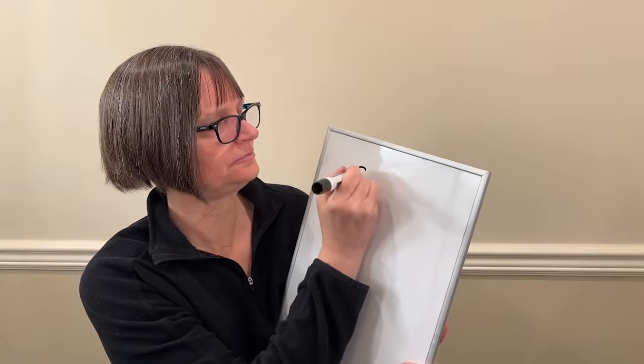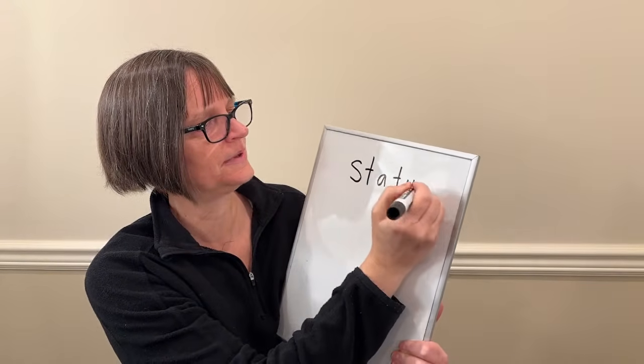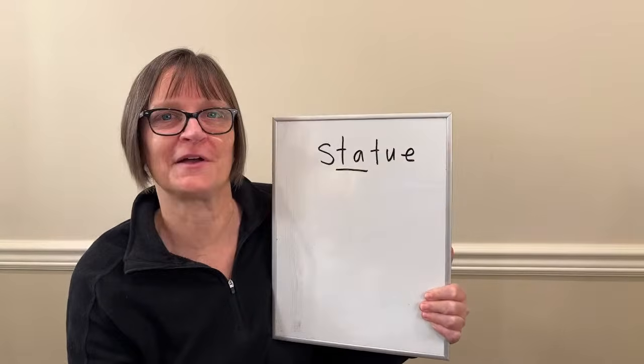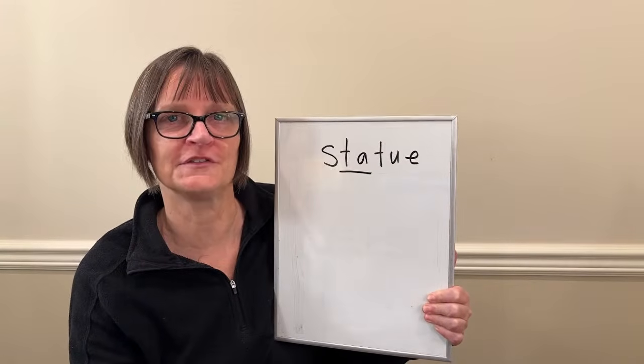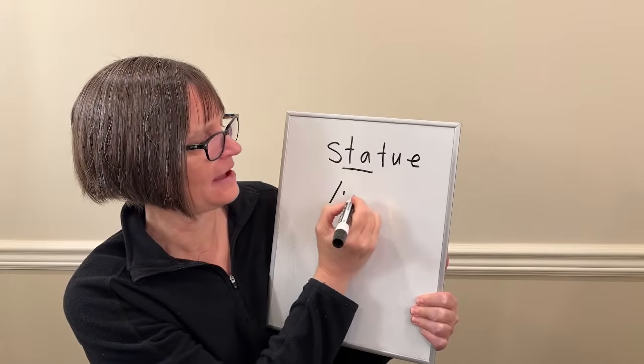Okay, we have a question about statue. Let's take a look at how to pronounce statue. We have first syllable stress. Letter A says the black cat vowel.